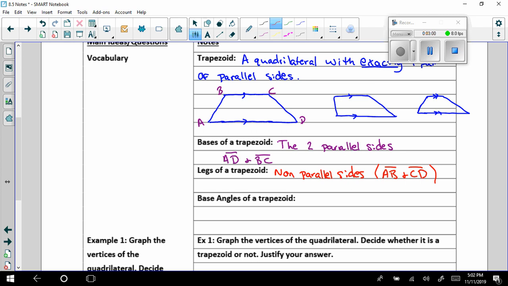The base angles of the trapezoids are the two pairs of angles that touch a base. So you have A and D. Those would each be base angles.